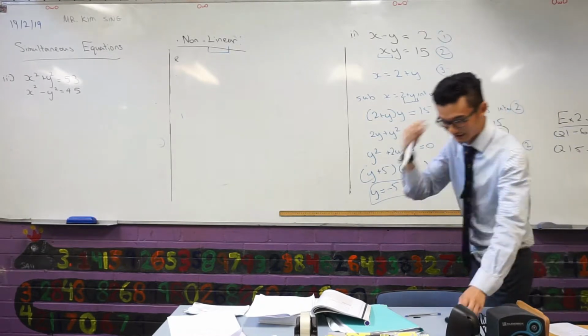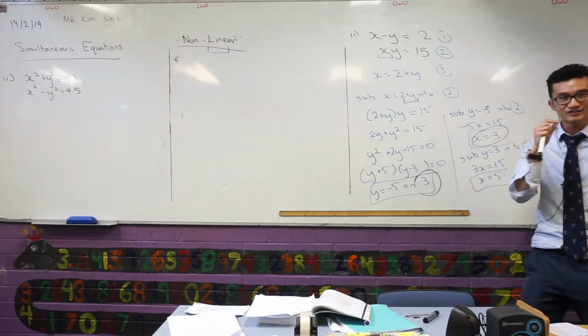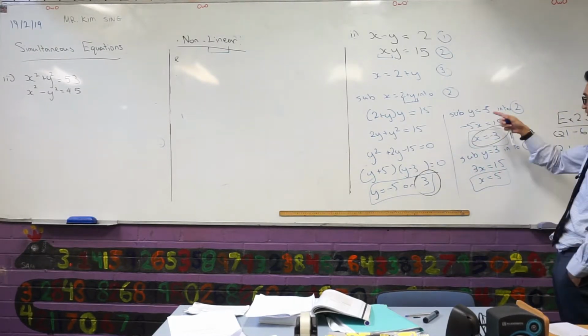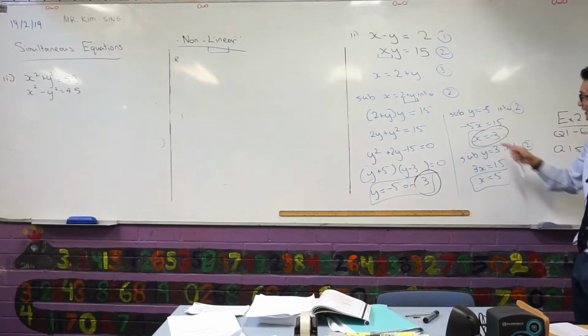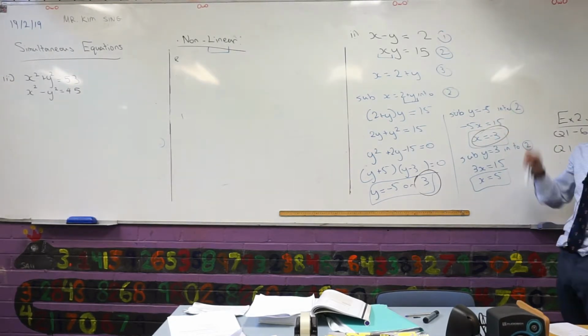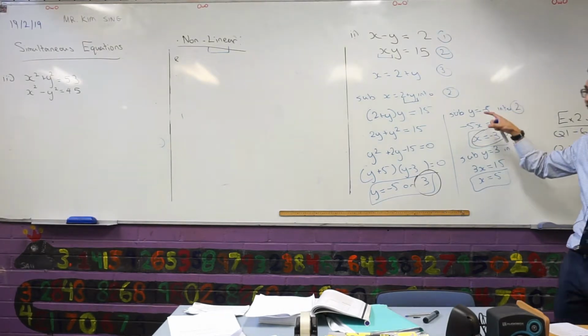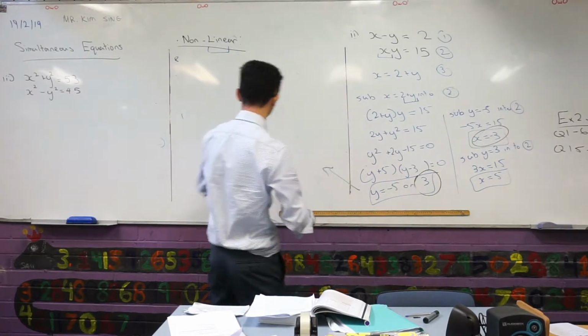So now, the careful thing you have to do when we have nonlinear simultaneous equations is you actually have to tell me which answers go with which one. And you know, because you've told me when y equals negative 5, x is equal to negative 3. That's the only situation those work. They have to be together. So as a closing sentence, I've run out of room, but I'll write it on the side here.